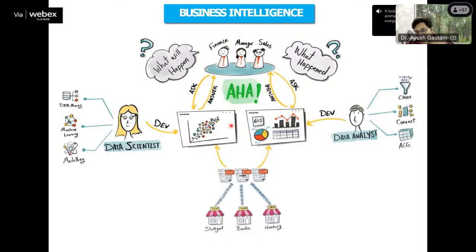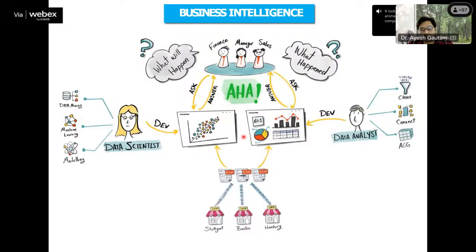And while explaining those visualizations to the managers, there are multiple what-if scenarios. If this happens, what will happen? If the rain is more, what will happen? If the rain is not more, what will happen? Okay. If the rain is less, what will happen? So these kinds of scenarios will be there, and those scenarios are called business intelligence. So basically, these managers are more interested to understand what has happened and what will happen in the future, and to know that, data visualization is very important.